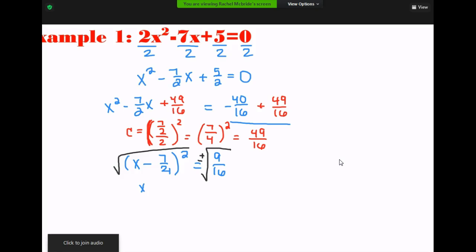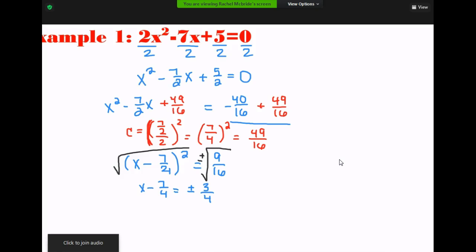So that gives x minus 7/4, because the square root and the square cancel, equals plus or minus the square root of 9 is 3, and the square root of 16 is 4. So you get plus or minus 3/4.